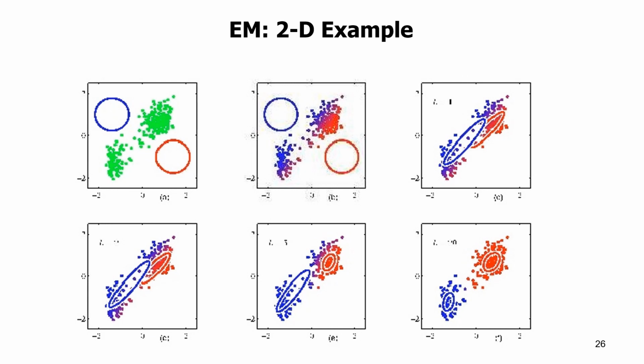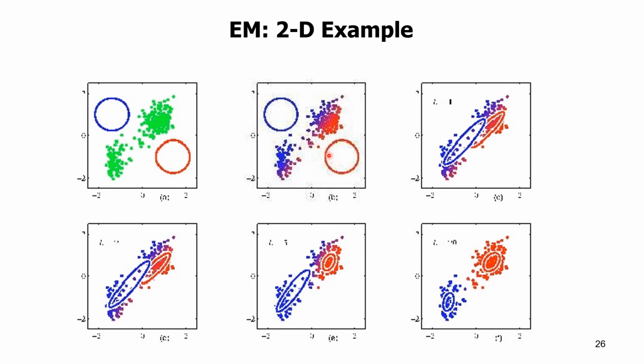This is another example of running EM in two-dimensional case. Suppose these are the data and we have two initial Gaussians which look like this. Using these two Gaussians, you compute the probability of each data. These data mostly belong to this Gaussian, and these data mostly belong to this cluster.